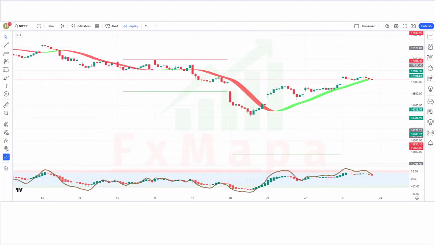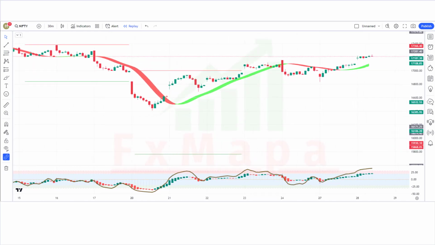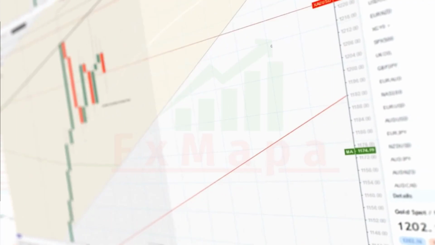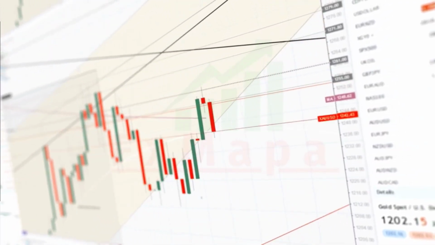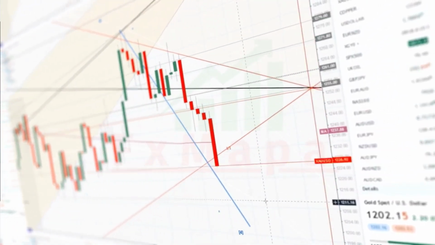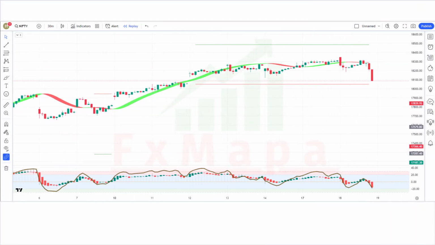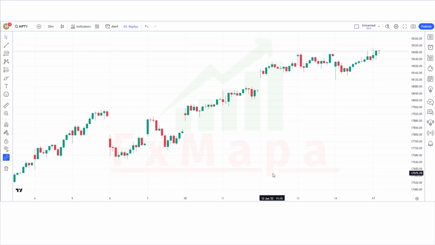In today's video we will be showing you exactly how the indicator can be read and how it can be used to enter into positions, along with a profitable scalping strategy that utilizes the indicator. We will try not to make the video too long, so let's get started.